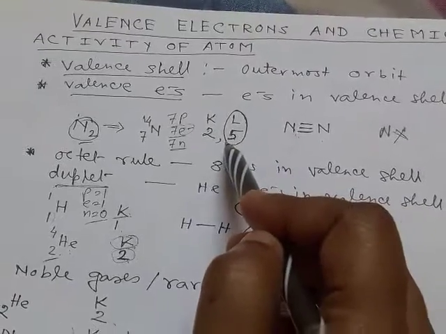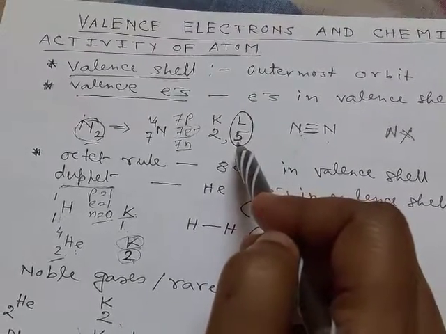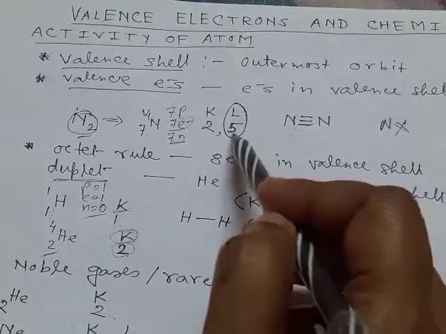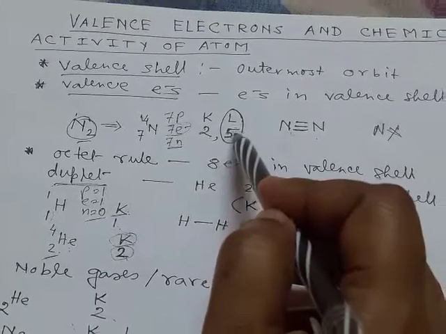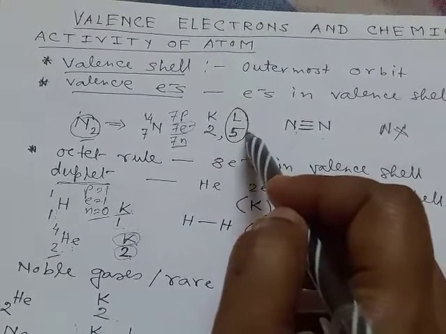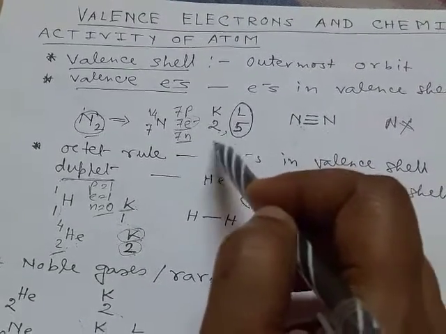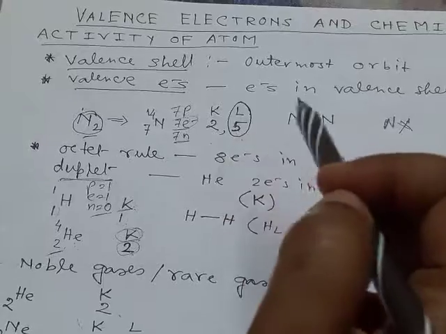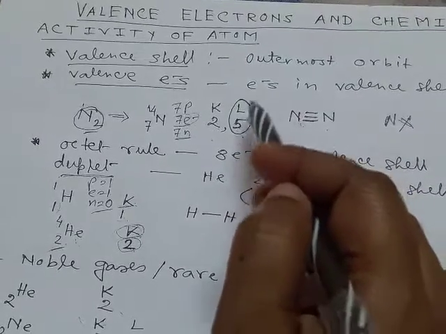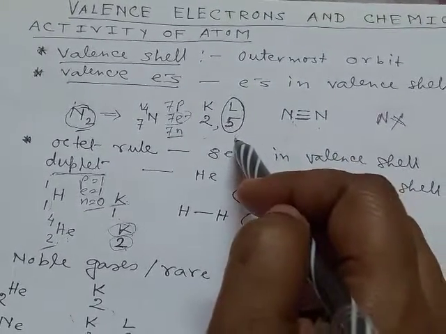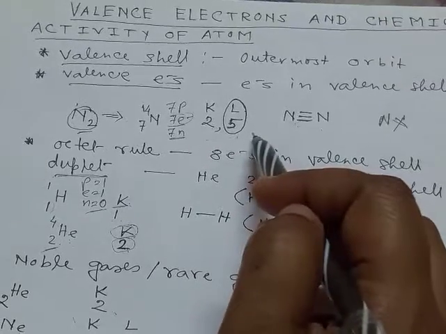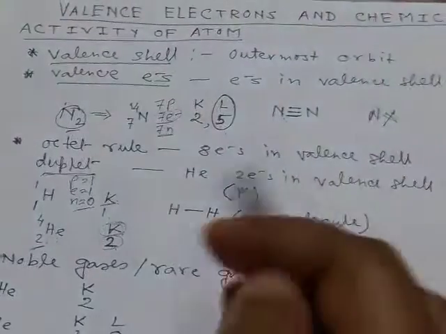This is because there are 5 electrons in the valence shell, and this electronic configuration is unstable. So atoms always have a tendency to attain a stable electronic configuration.